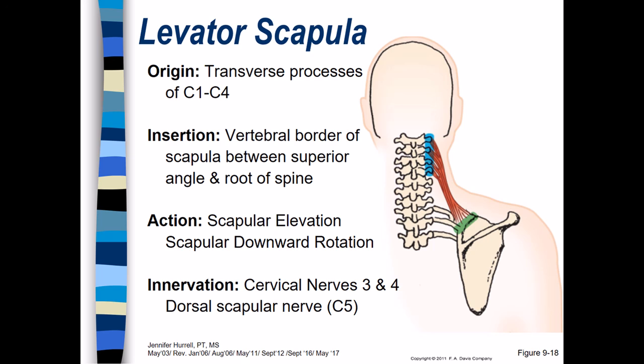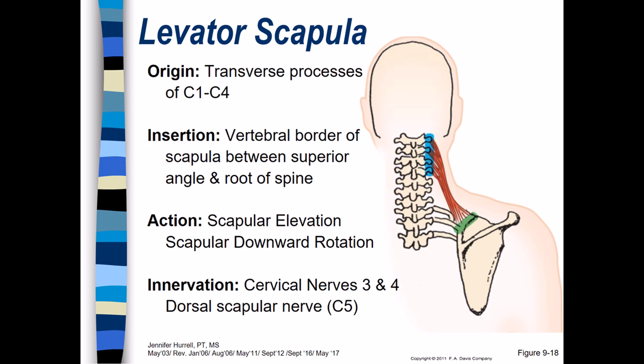The innervation, cervical nerves 3 and 4, because right where these spinal nerves come out, before they ever get to the cervical plexus, they pierce little portions of the levator. And also the dorsal scapular nerve, which was one of those little ones that branched off early from the brachial plexus.